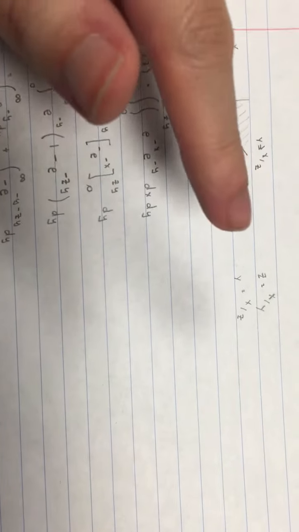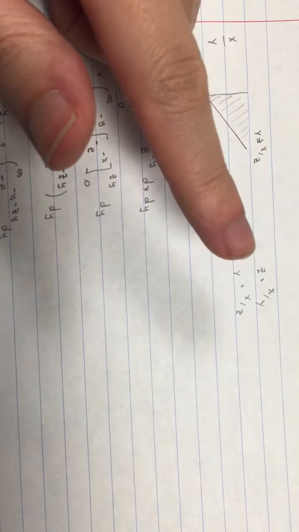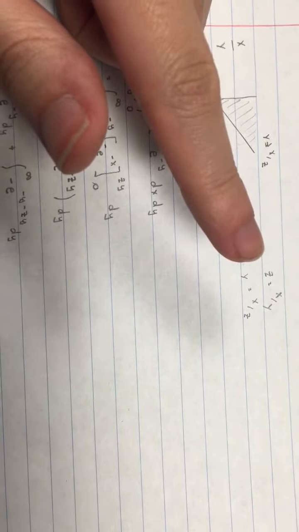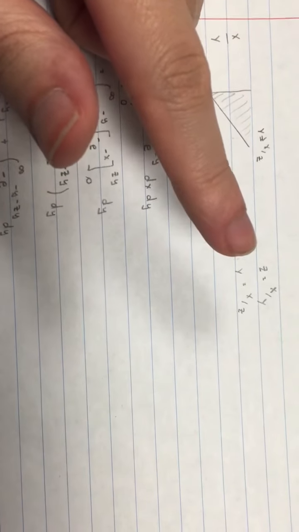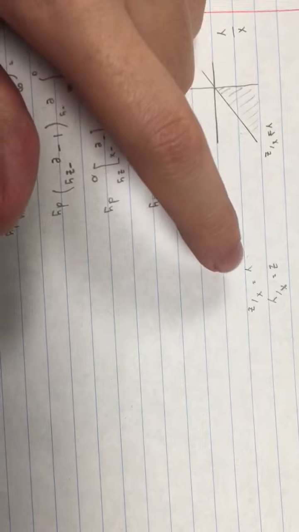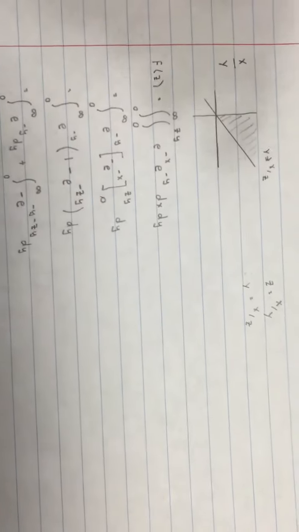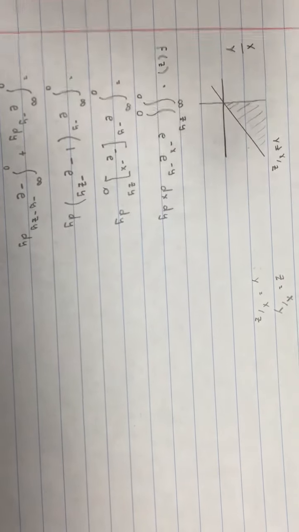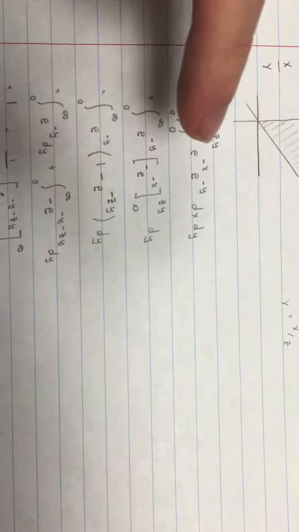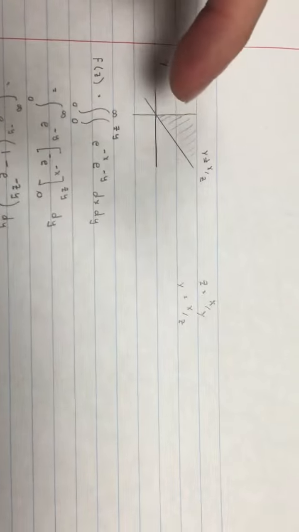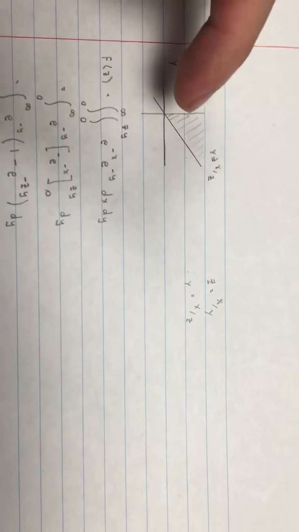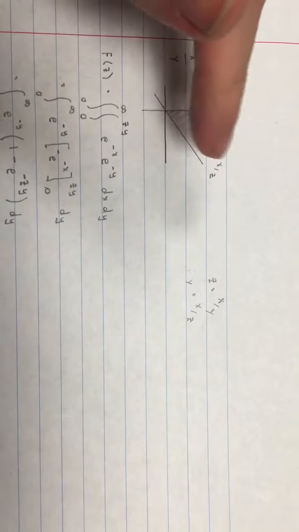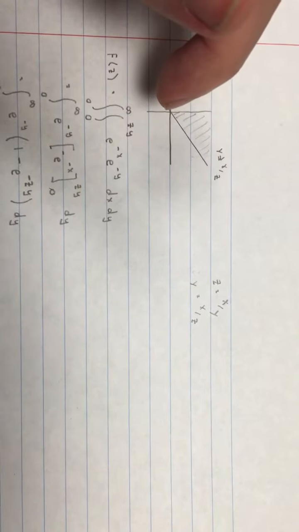If we have z is equal to x over y, then x is simply equal to z times y. You just multiply the y across. So that's the range of x in terms of z and y. And then dy simply goes from 0 to infinity. So you can see from here, x goes from this 0 here to the graph here, and then y simply goes from 0 to infinity.